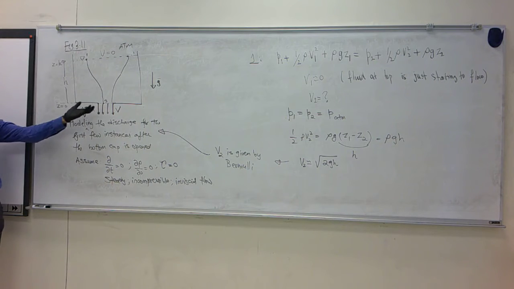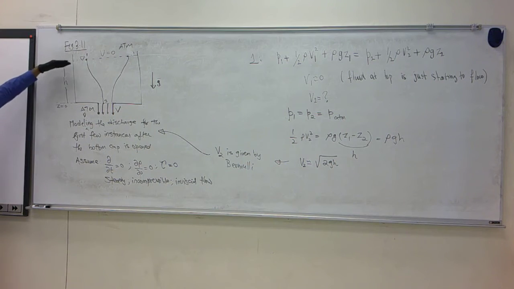That is, if you want to know the velocity with which it will jet out, once it starts jetting out, obviously the liquid level will drop, and you can't assume that this is h. So you need an equation for a time dependent h, and this makes the flow unsteady by definition.